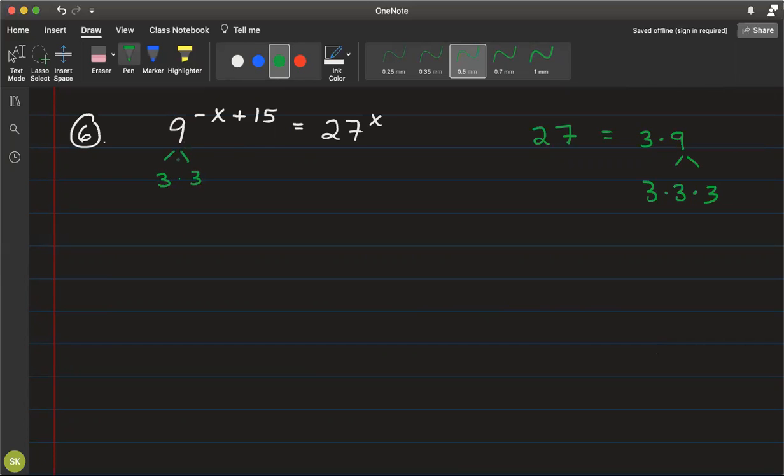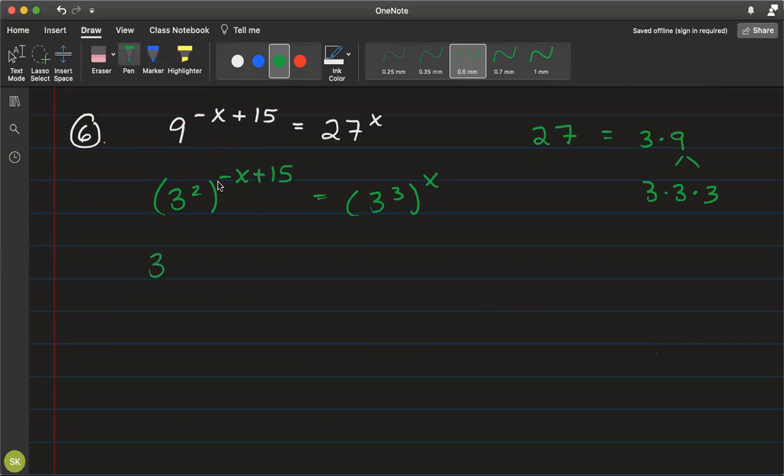Because of that, instead of this 9, I'm going to put 3 squared. And instead of this 27, I'm going to put 3 cubed. So this is 3 squared raised to the negative x plus 15, and this is 3 cubed raised to the x.